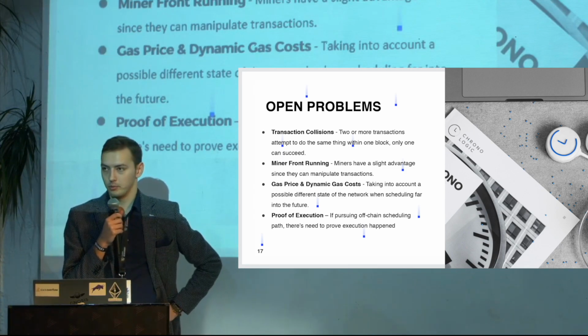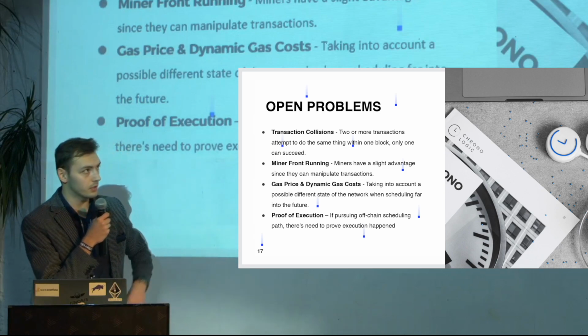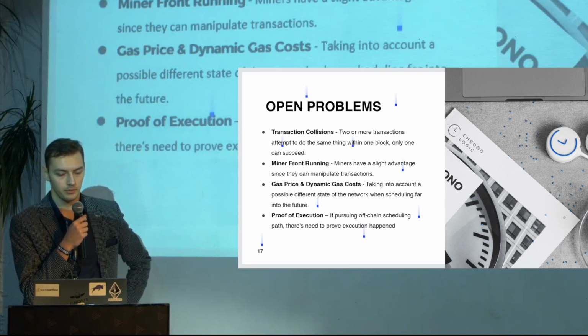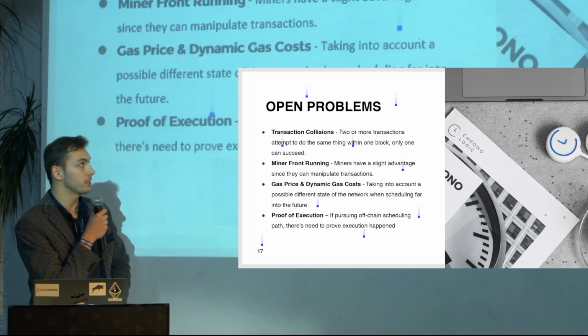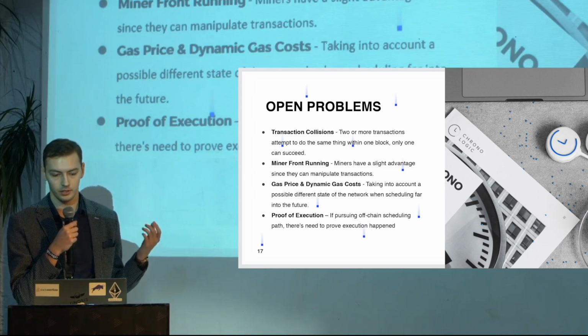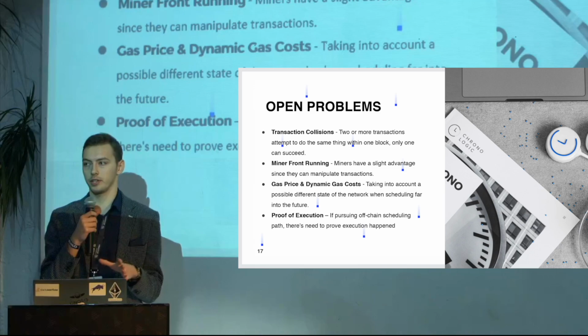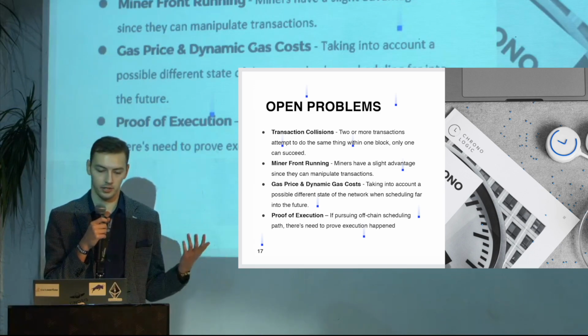We have open problems, which is transaction collisions. At this moment, this is for version 1, which is ready on mainnet. And it basically means people can lose money if you're not the first one to win. We have miner front running. They can claim transactions before anyone else does, because they are miners.